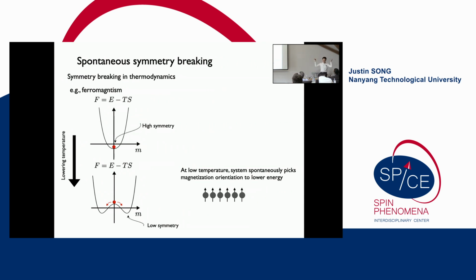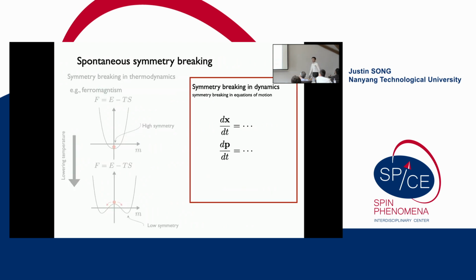So this double well appears, very nice, right? And here this is kind of mediated by some kind of exchange interaction. Great. But symmetry breaking doesn't just have to occur in, say, this type of free energy kind of landscape. It can also occur in dynamics. So write down a set of equations of motion, for instance, of x and p of something.